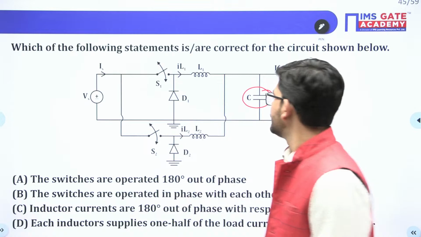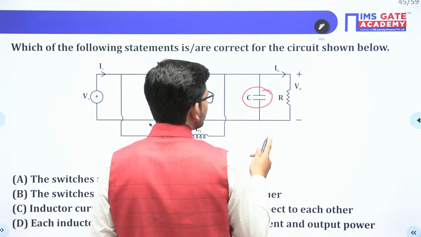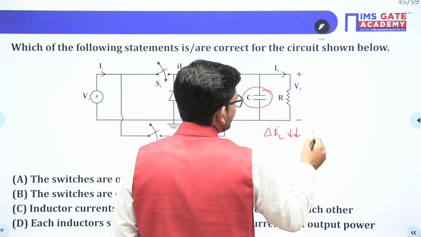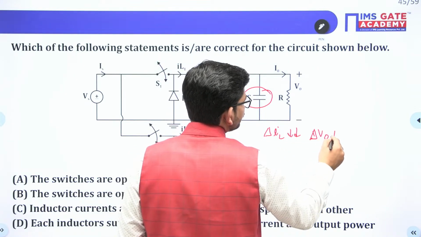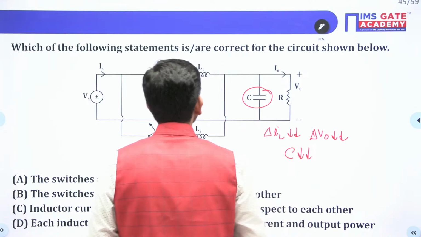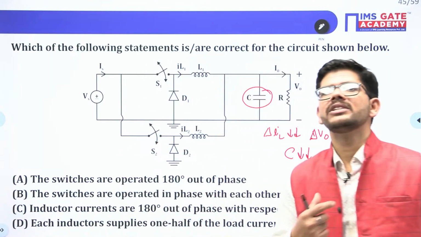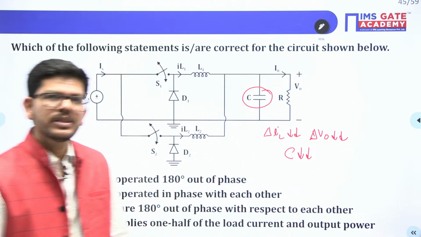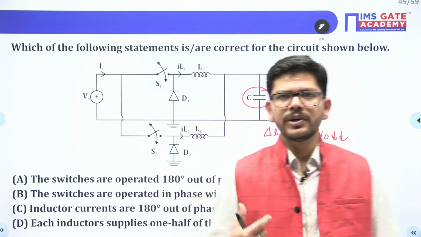So this is done to reduce the del IL or del VL content. By doing this we can reduce del IL, del V naught, and ultimately we can reduce the value of C as well. So that is the purpose of doing this particular thing.